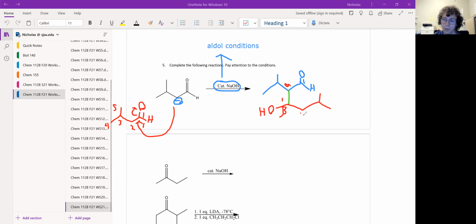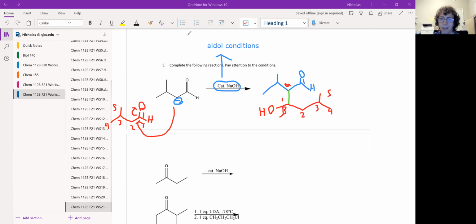And then this is 1, 2, 3, 4, and 5. So you can see I have the right number of carbons and they were attached in the right order. So this is correct. But if you don't double check your work, it's very easy to make a mistake. So just please be careful. These are easy to screw up with these large structures.